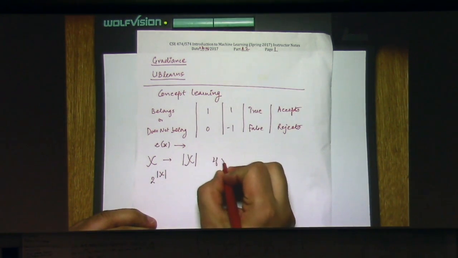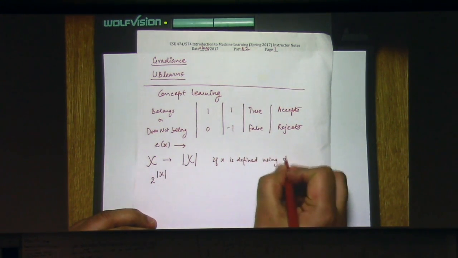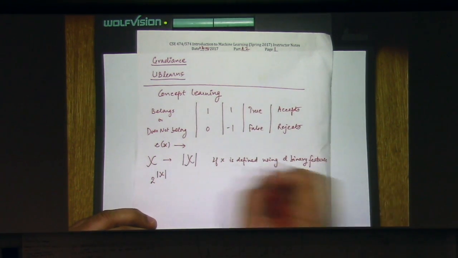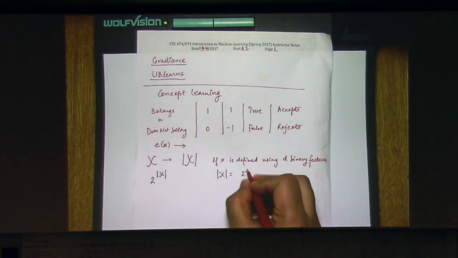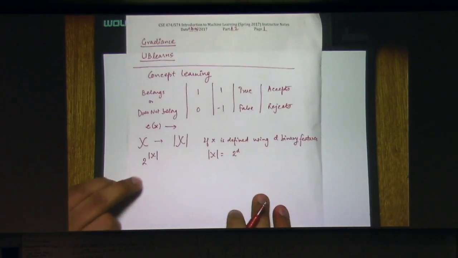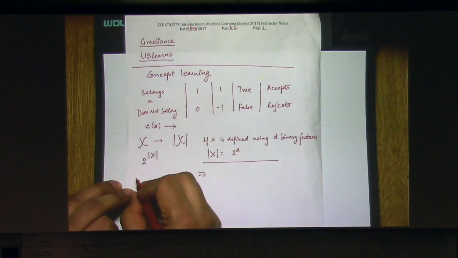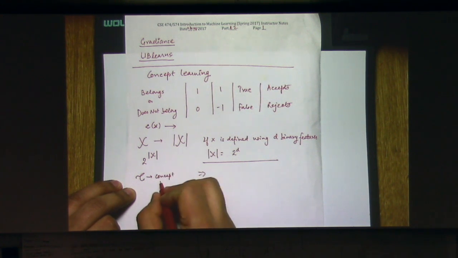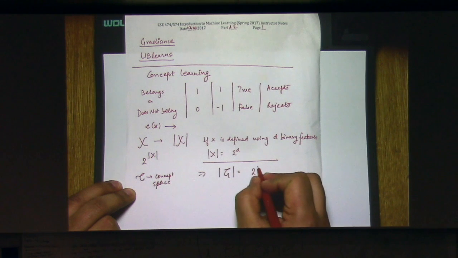So if each X is defined using D binary features, then we saw that the size of X, all the data points that there can be, is just 2 to the power D. That means that our concept space, which we denote by this fancy C, would have a size of 2 to the power 2^D, very large, right?